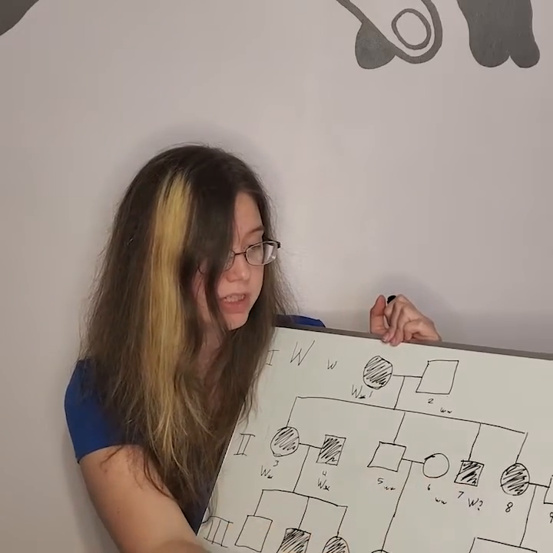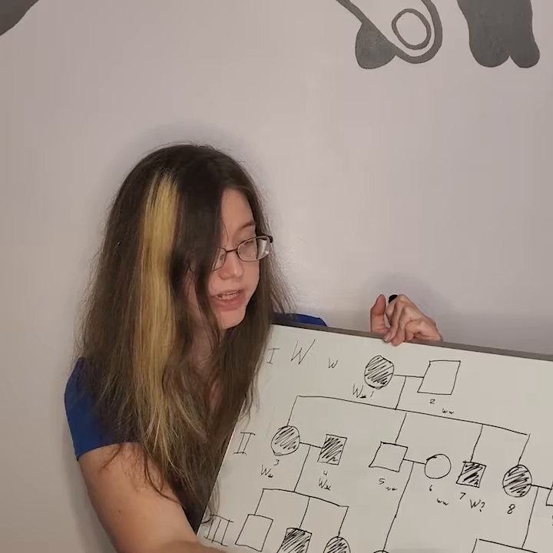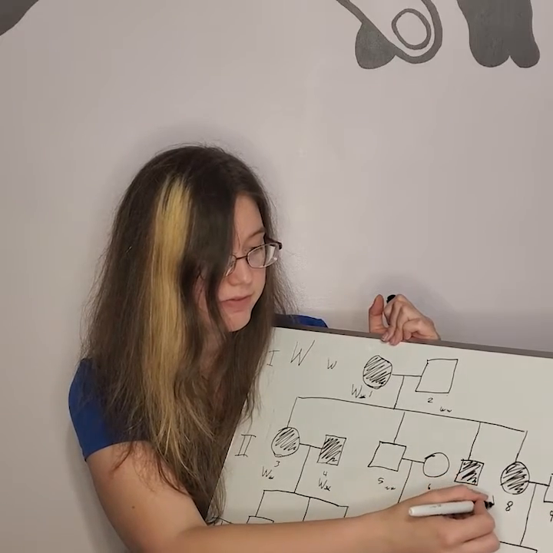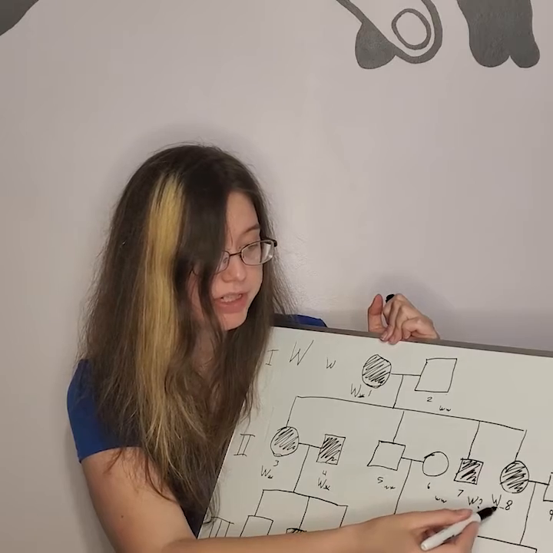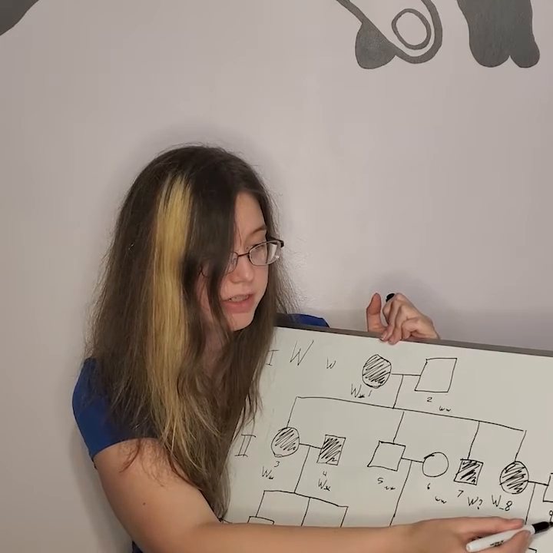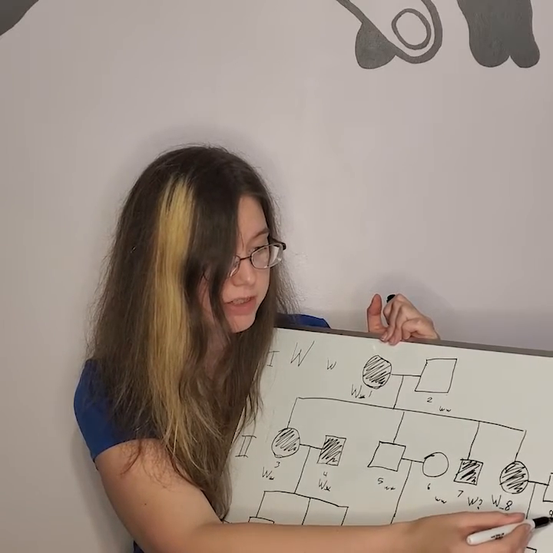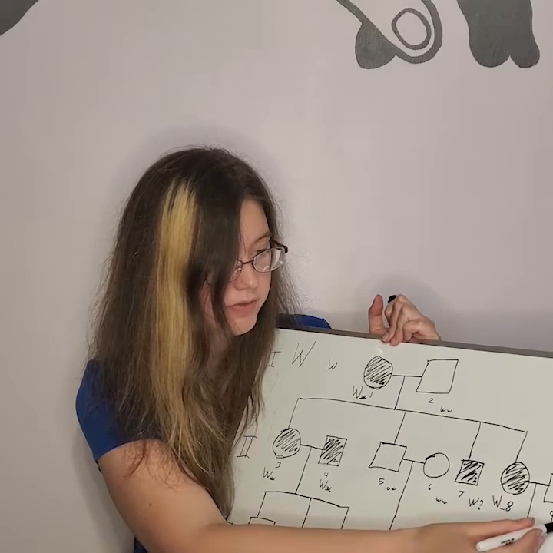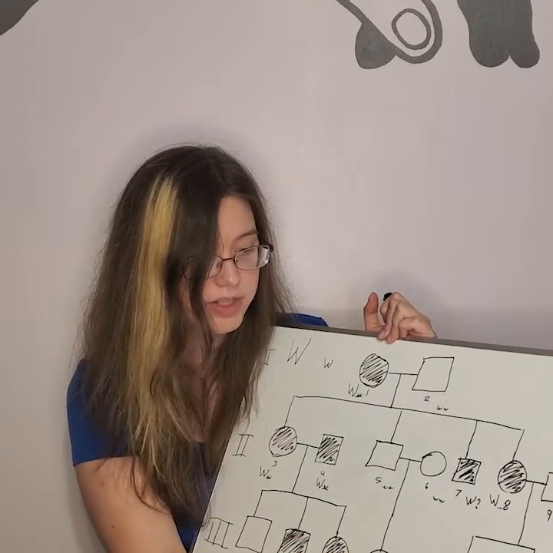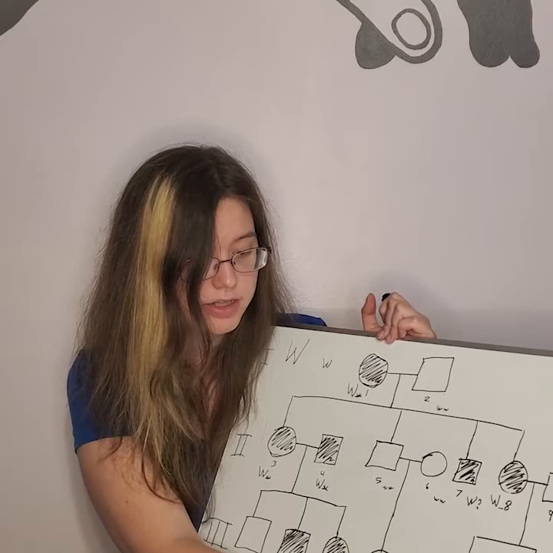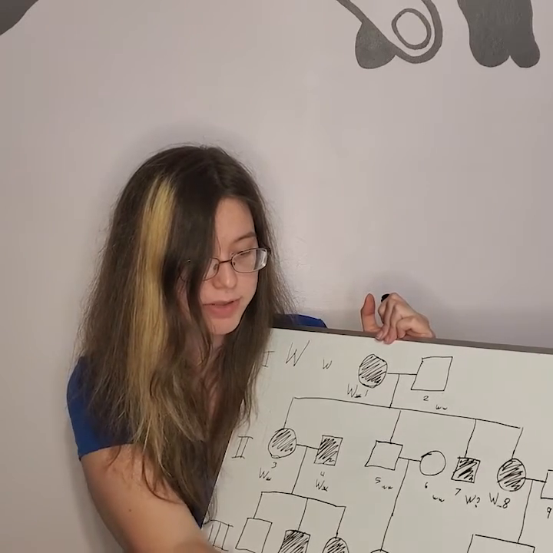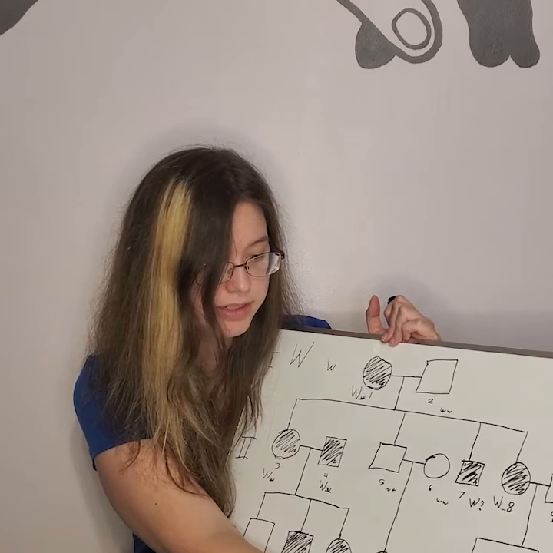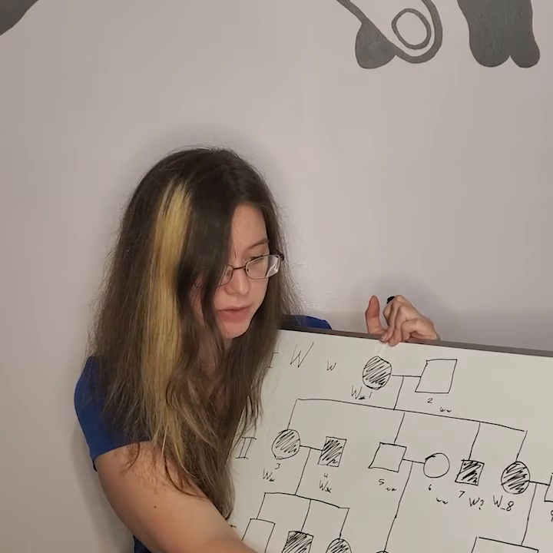But for this one, we know that this one had to be at least 1 widow's peak allele, and she married someone who did not have a widow's peak. So, looking at the kids, the one kid does not have a widow's peak, so 2 little w's, and the one does, so 1 big W, and we don't know what the other one is.